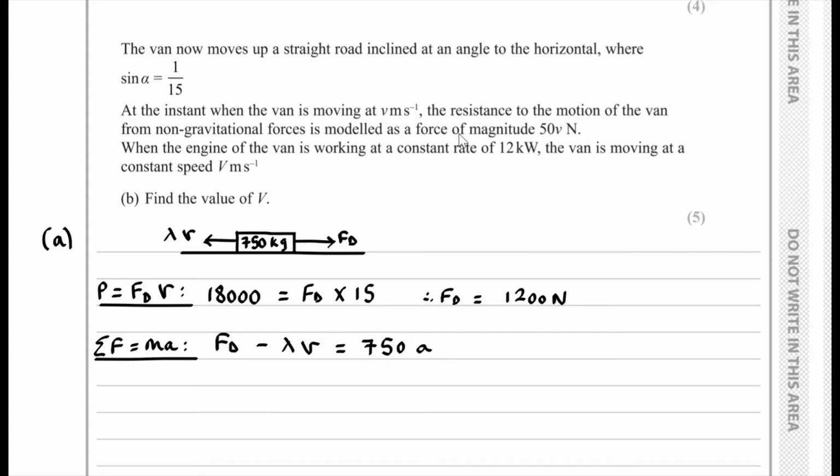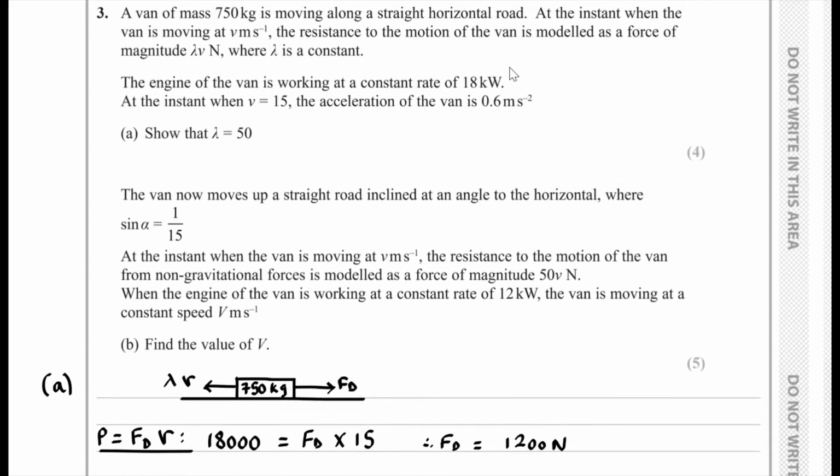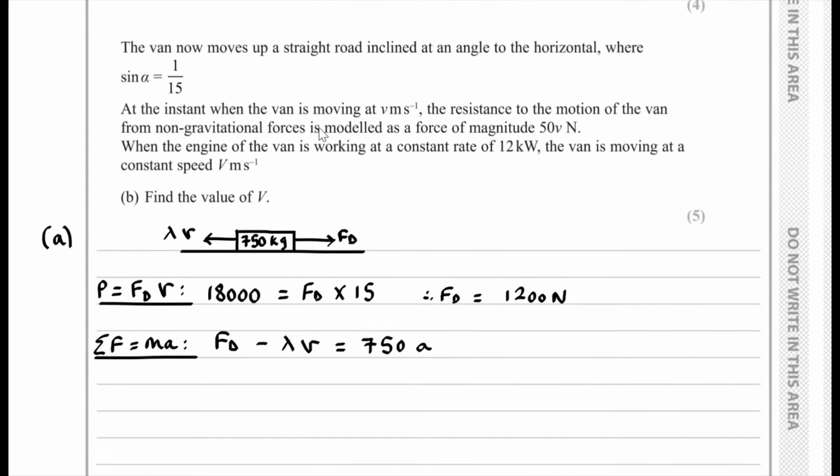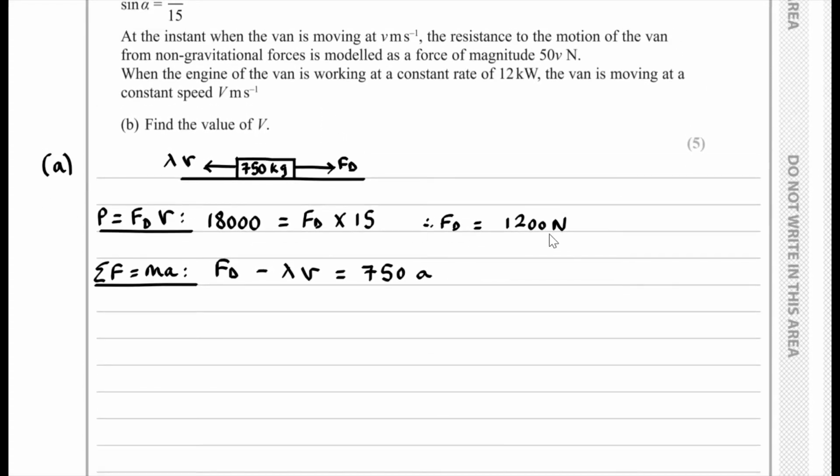And we know that a is equal to 0.6, we were told that in the question, and that's when v equals 15. So we have 1200 minus mu times by 15, so we have 15 mu instead. Let's just write that. And this is equal to 750 times by 0.6.